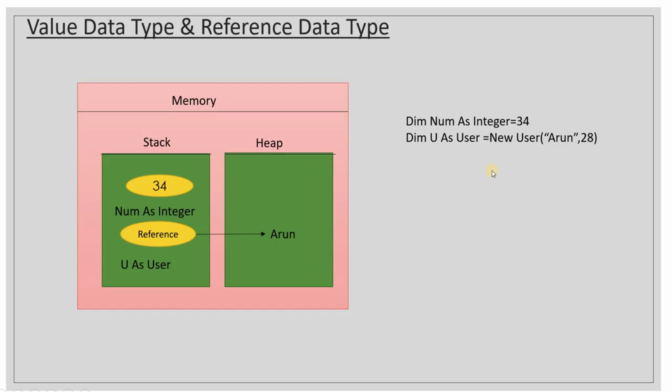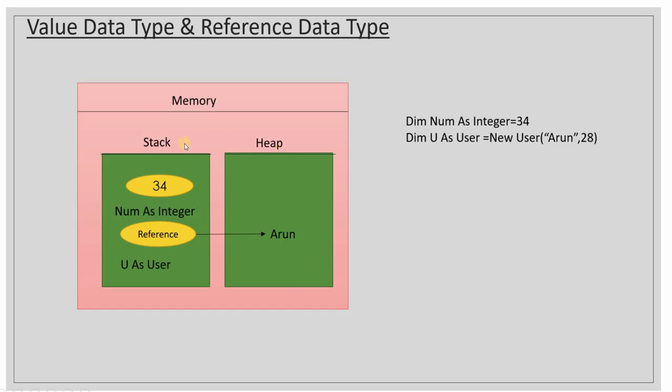Guys, you can create any class, any array. Here I create a user class. So we can see that an object, a variable of the reference data type, which is u, is not stored in stack but in the memory called the heap.